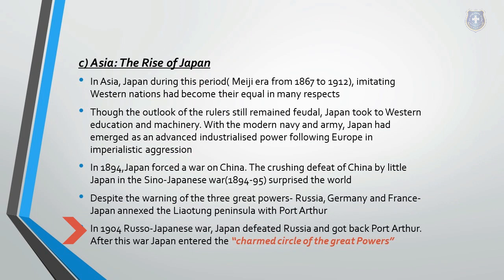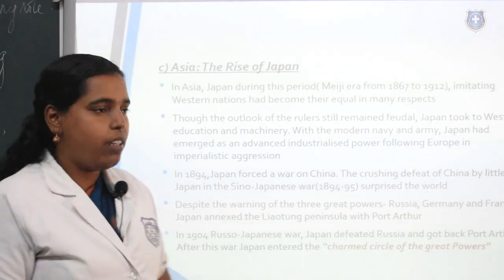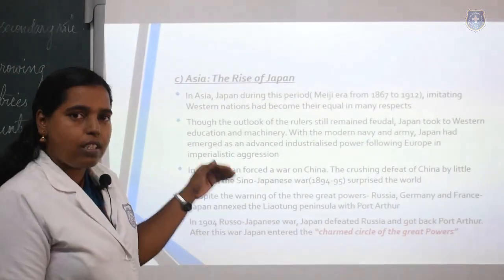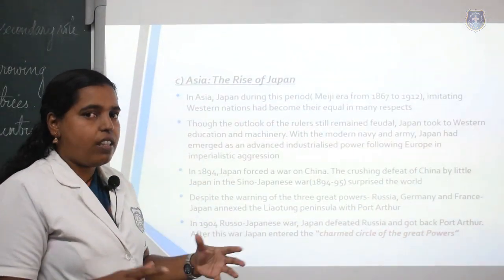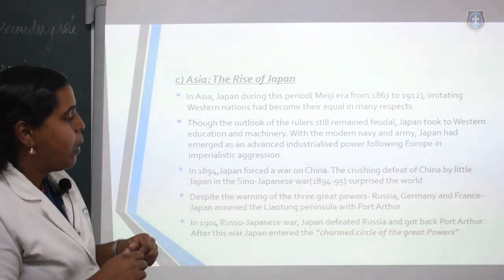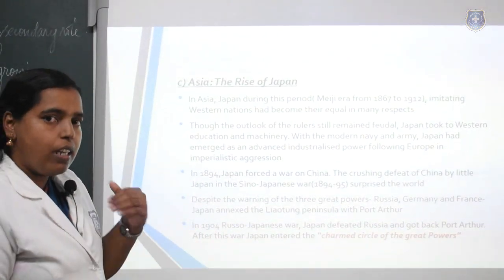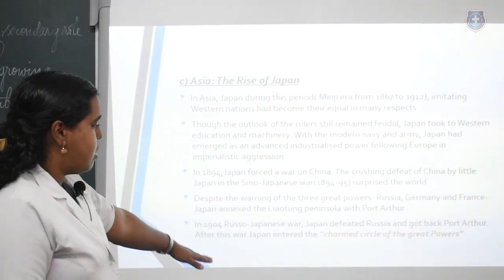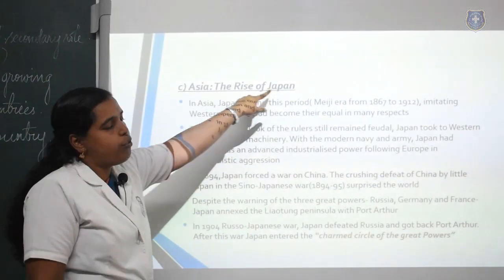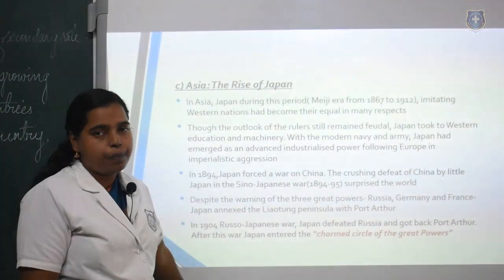After this war, Japan entered the so-called Charmed Circle of the Great Powers. That's a great thing about Japan, and it teaches us a great lesson also: it is not about the size or your appearance. It is about your ability and capacity that shows the rise of Japan in the World War.